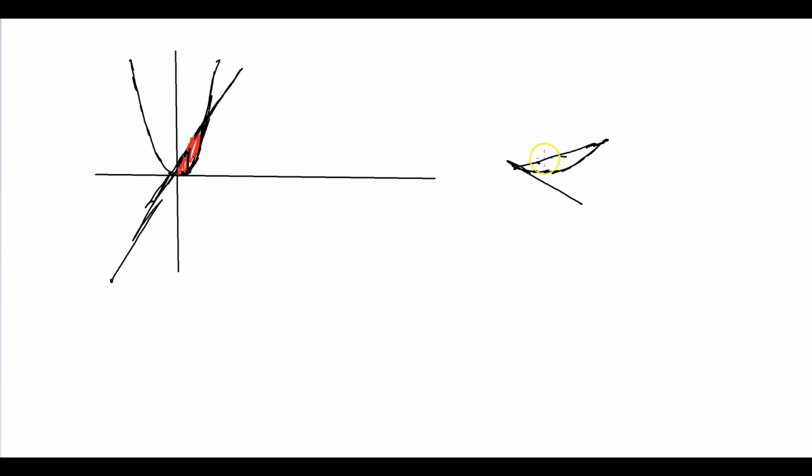Let's redraw this region. So the cross sections are perpendicular to the x-axis. They might ask you perpendicular to the y-axis, but it's done in pretty much the same way, except that you have to use dy.